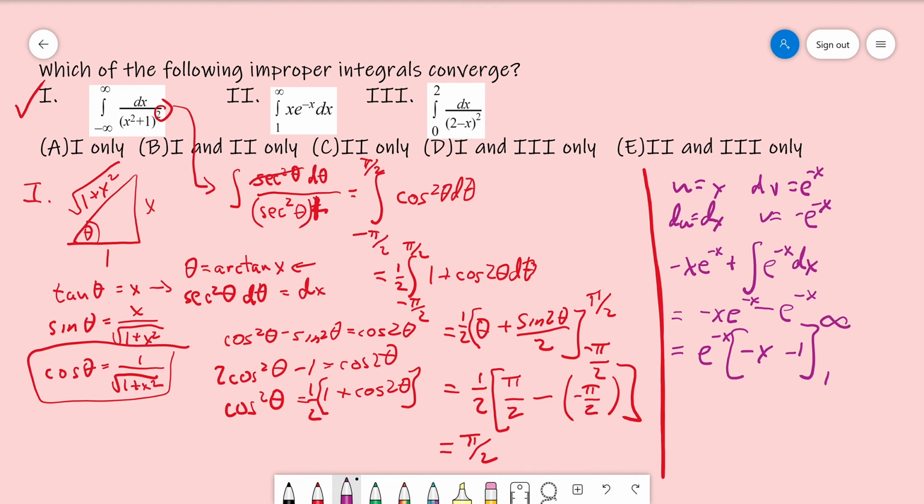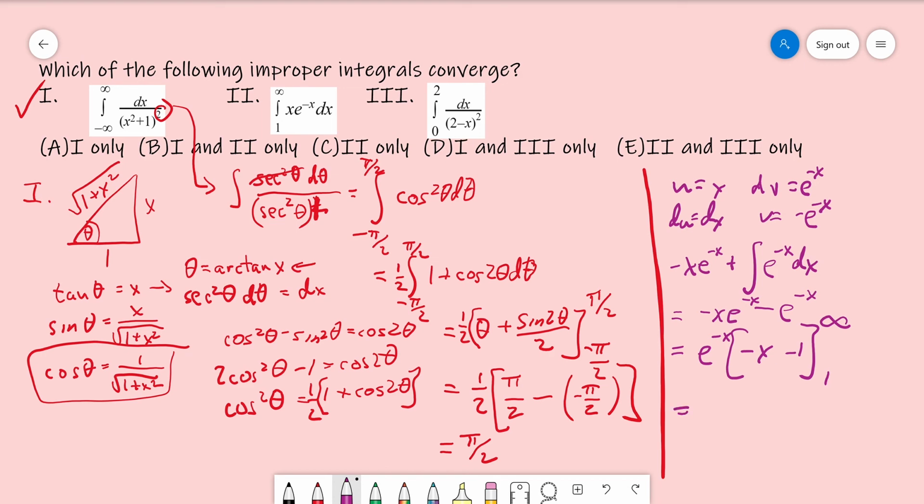Well, at infinity, we'll get e to the negative infinity, which is 0, and negative x, which is negative infinity. So that's like 0 times infinity. That's actually an indeterminate form. You could use L'Hopital's rule, but it's not hard to see that e to the negative x goes to 0 much more quickly than x goes to infinity or negative infinity. So this is going to be 0.